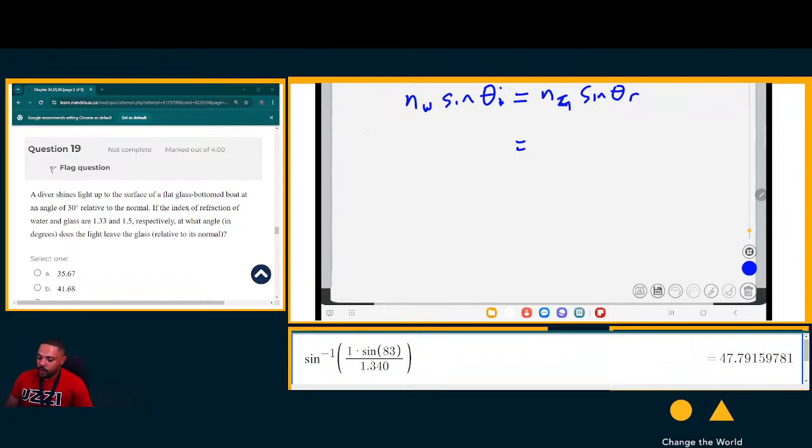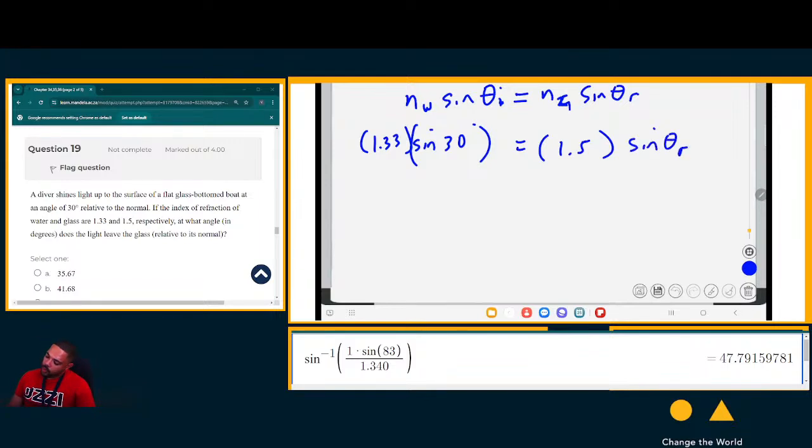So the index of refraction for water is 1.33, times the sine of 30 degrees. The index of refraction for glass is 1.5, and we need the sine of theta r, the angle of refraction.